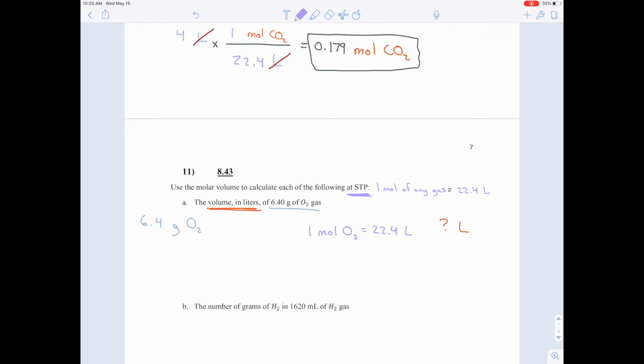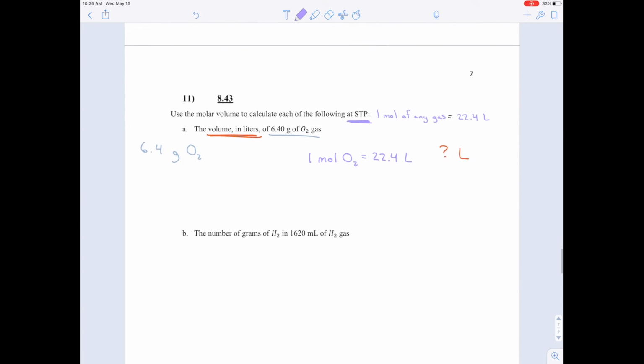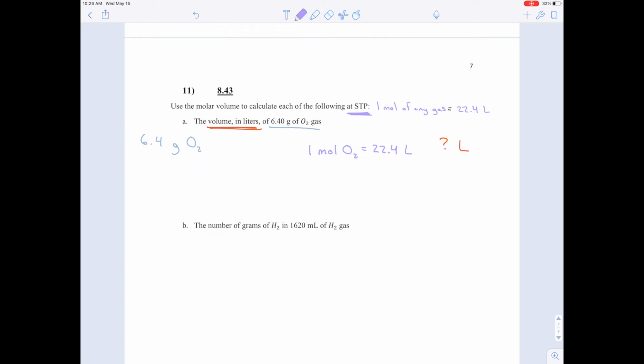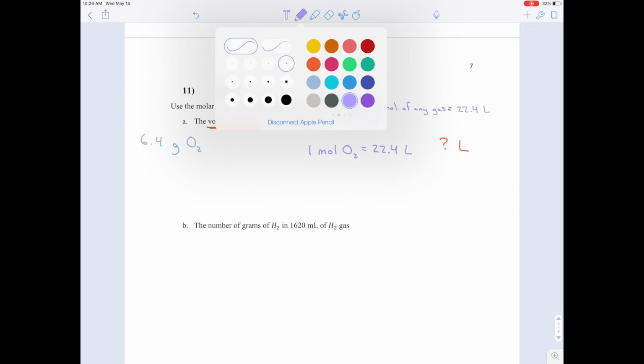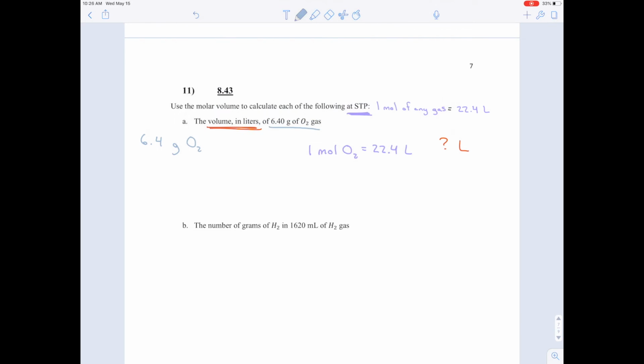So we have to get from grams to moles, and we saw in previous chapters, chapter 7, that you can get from grams to moles using the molar mass. So we have only oxygen in this compound. We have 2 oxygens, and if you look at the box on the periodic table, underneath oxygen should be the number 16.